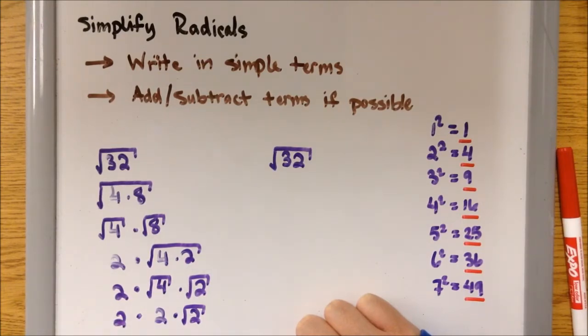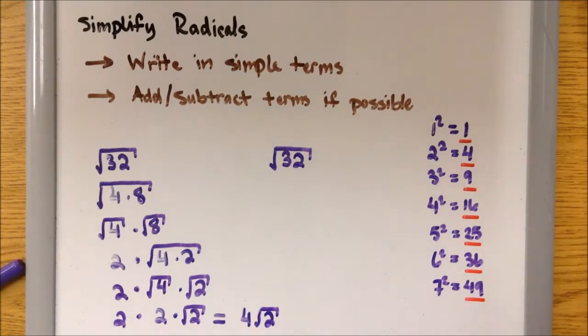Doing so, I simplify into its simplest form, and then square root of 2, you can't simplify that. So that's going to be 2 times 2, which is 4, and then carry the square root of 2. So that's all we can do. So 4 square root of 2.